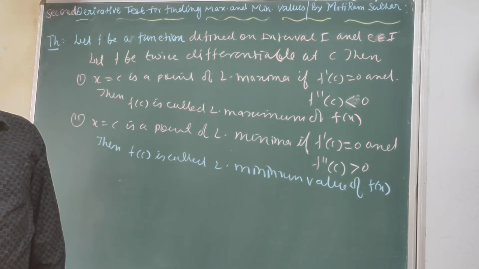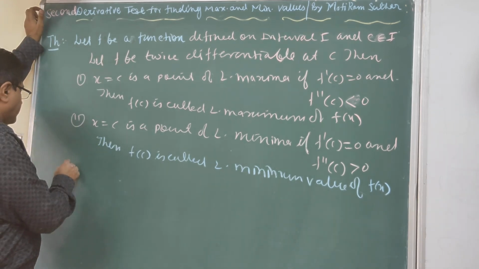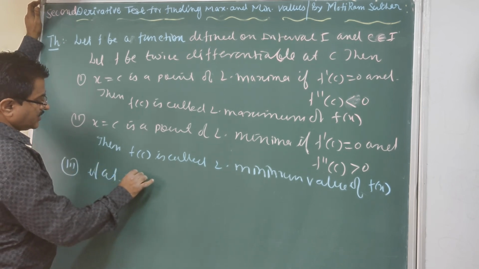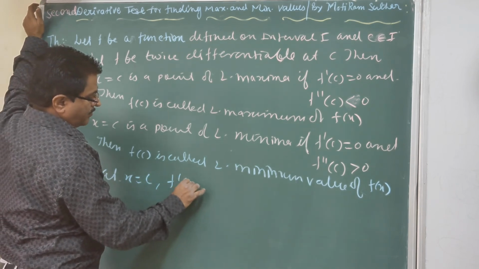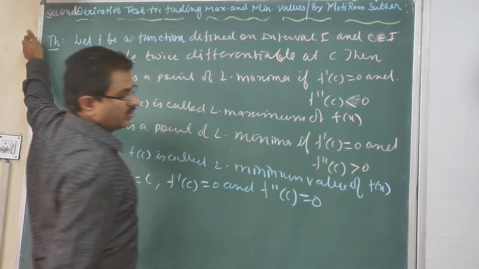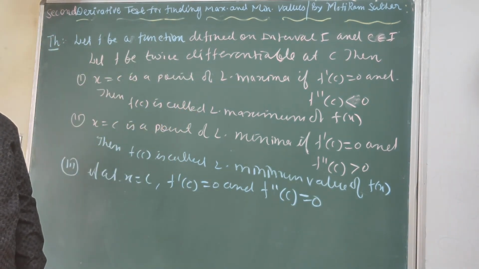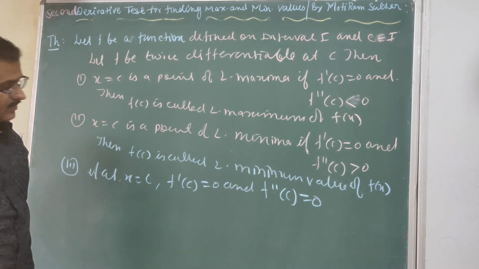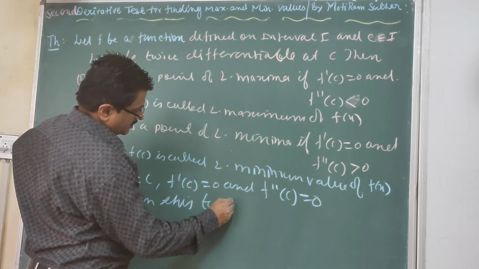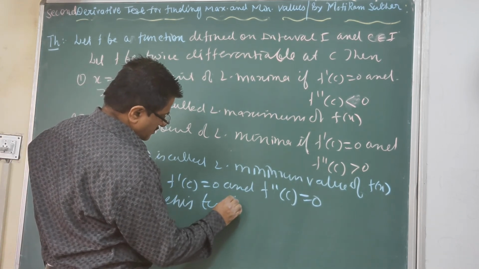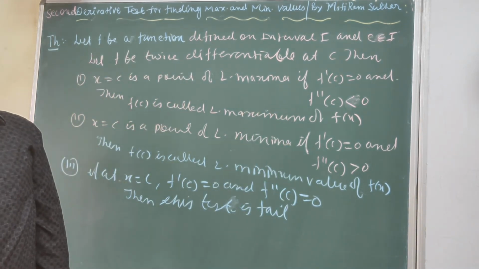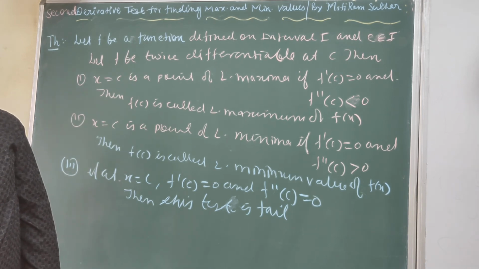Now when you get both as 0, there is a possibility. If at x equal to c we have f dash c is 0 and f double dash c is also 0, then this test fails. Clear? It means it says nothing about it being local maxima or local minima.